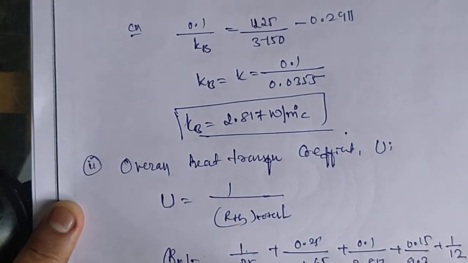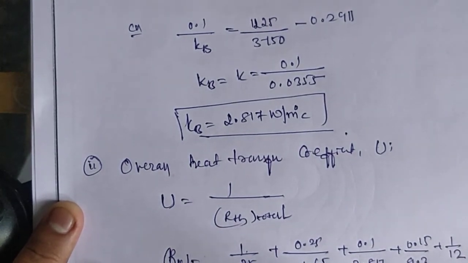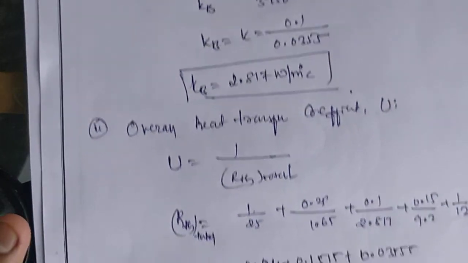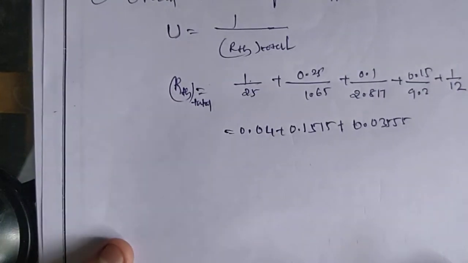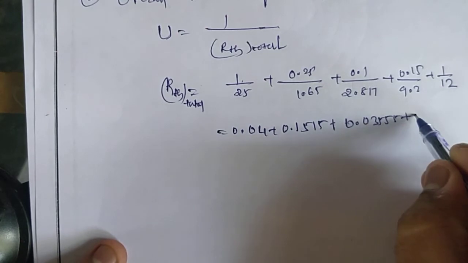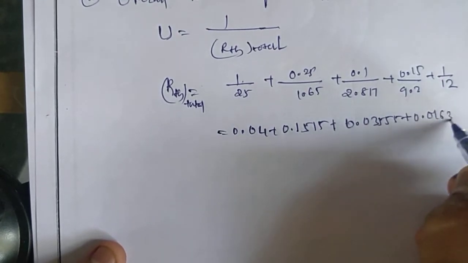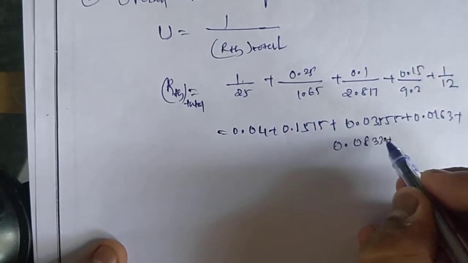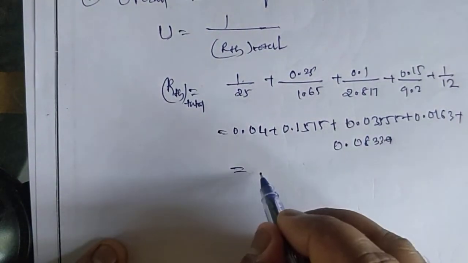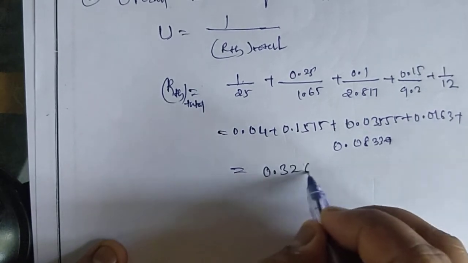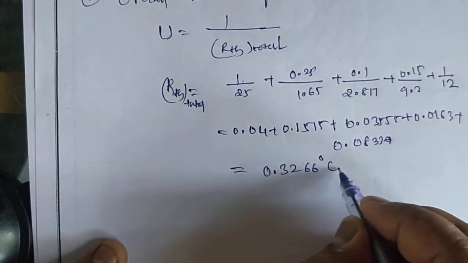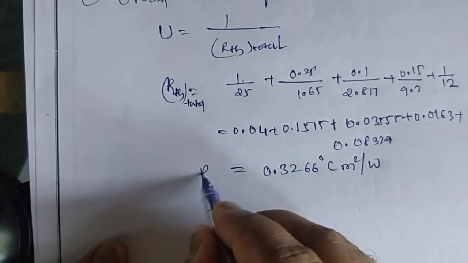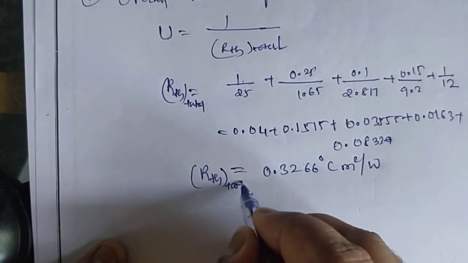So it becomes 0.04 plus 0.1515 plus 0.0355 plus 0.0163 plus 0.0833. Now it becomes 0.3266 degrees centigrade meter square per watt. This is the RTH total.